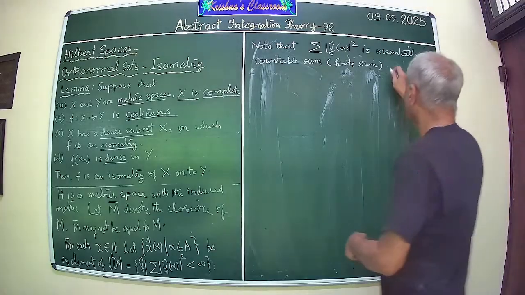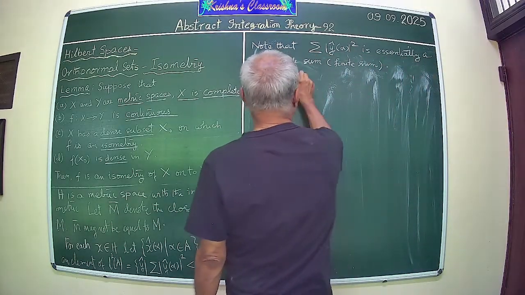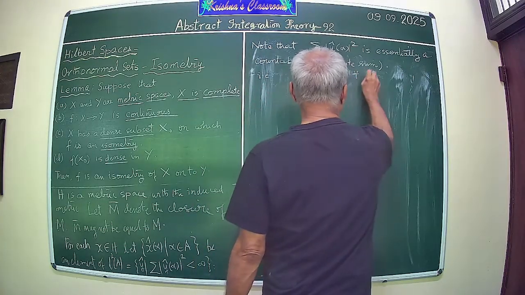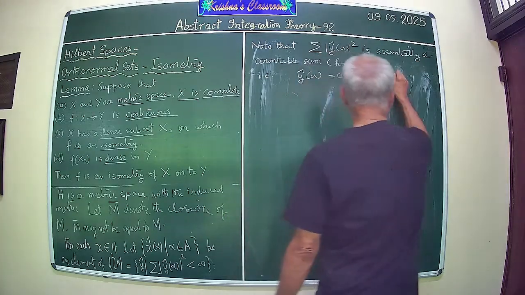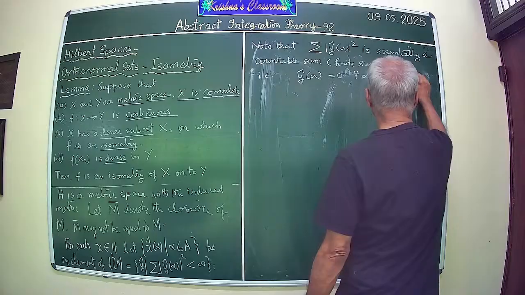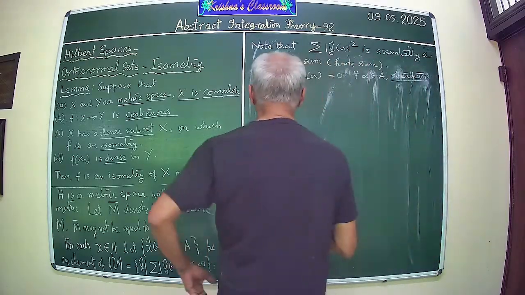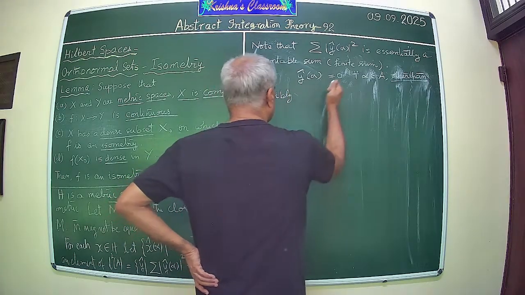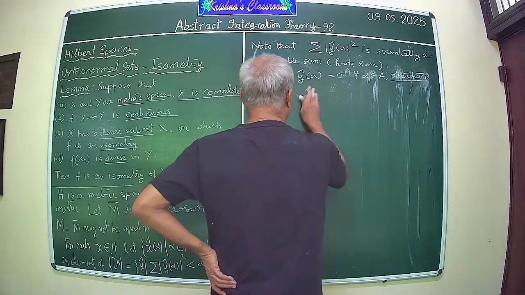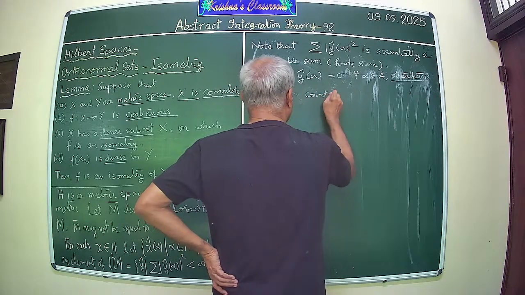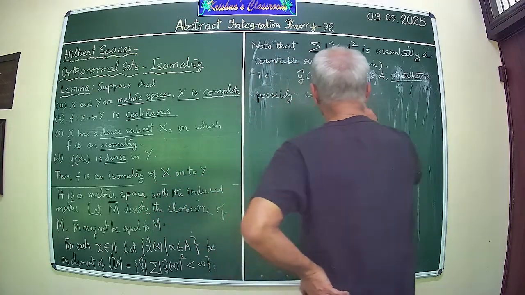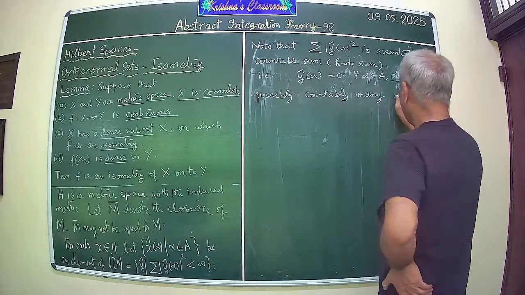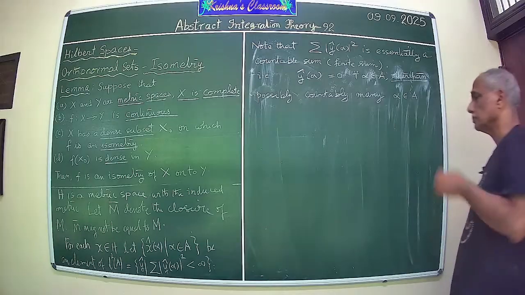That is, y hat alpha is equal to 0 for every alpha belonging to A other than possibly countably many alpha.